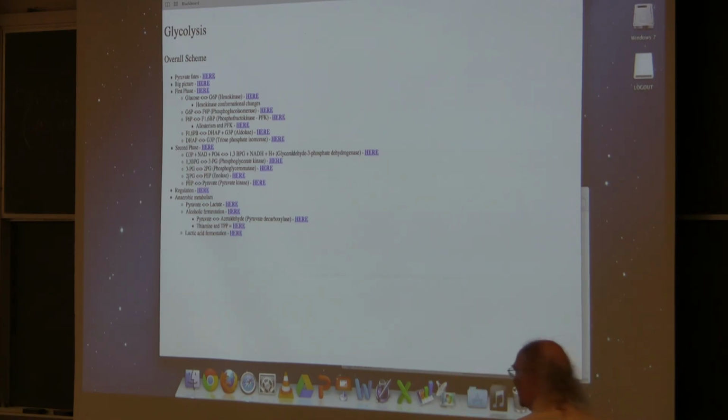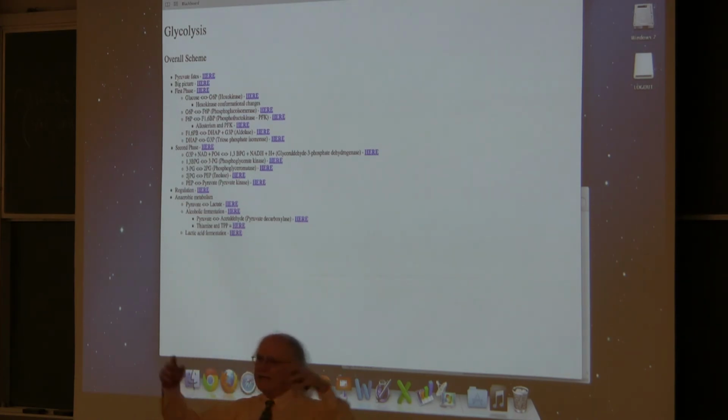So glycolysis is something we call a central metabolic pathway. There's a term for you. A central metabolic pathway. And a central metabolic pathway is called that because if we look across all of the cells on the face of the earth, this pathway, first of all, will occur in almost every one of them. And we'll see that things from this pathway relate to other pathways.